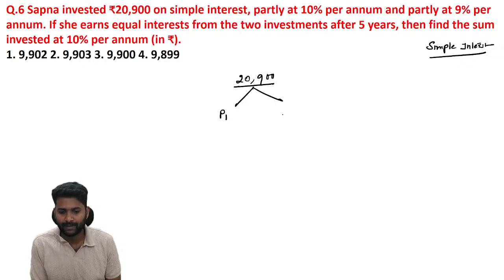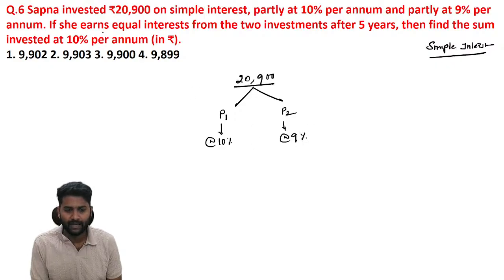Let us take P1 and P2. P1 at the rate of 10 percent per annum, P2 at the rate of 9 percent per annum, and she earns equal interest. See, the interests I1 and I2 are the same.